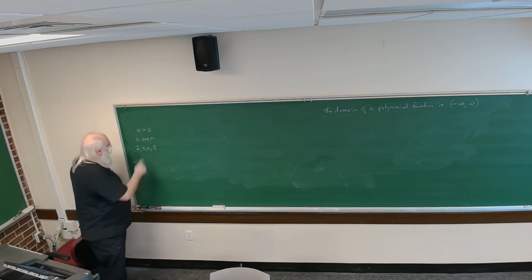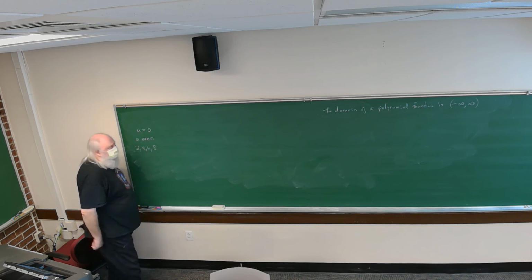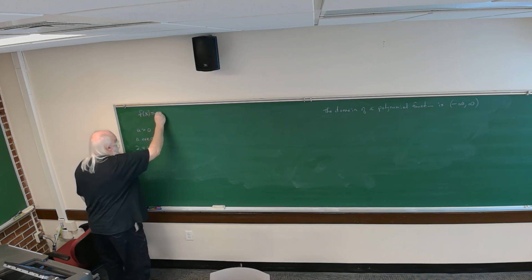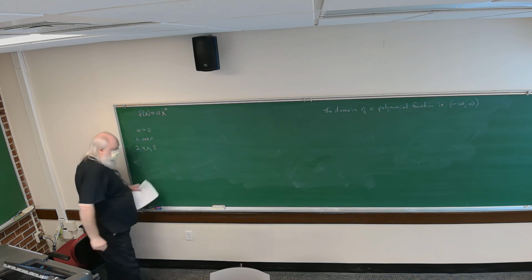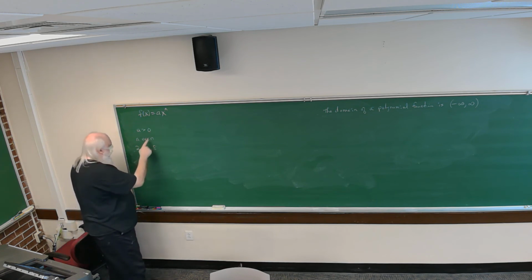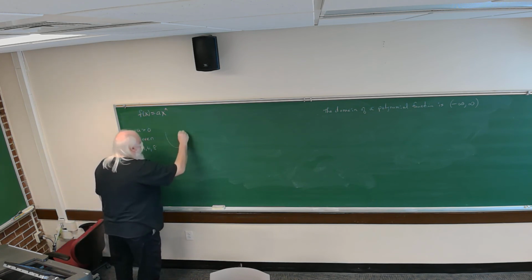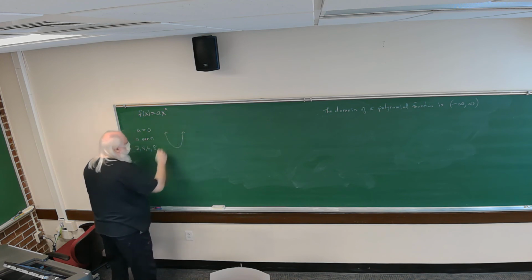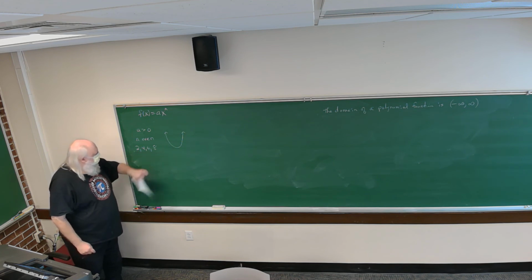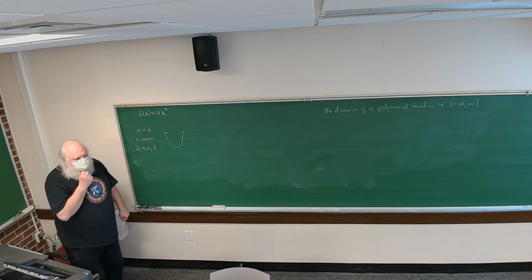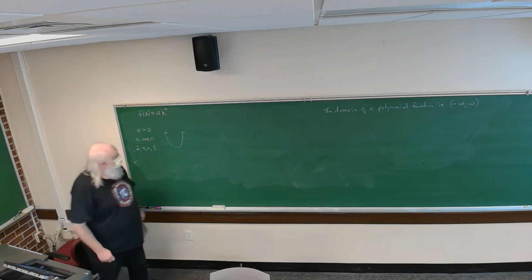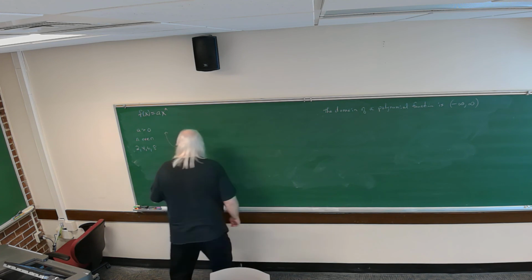If n is even and a is positive, remember we're looking at f of x equals a times x to the n power. If a is positive and n is even, the graph is U-shaped, kind of like a parabola. It is a parabola if n equals 2. It's just U-shaped if n is 6, 8, 10, 12, other even integers.